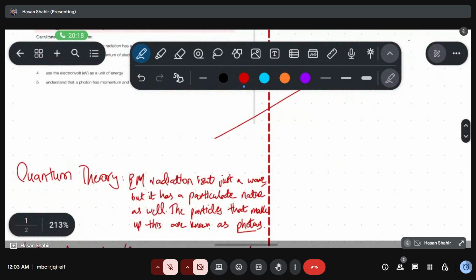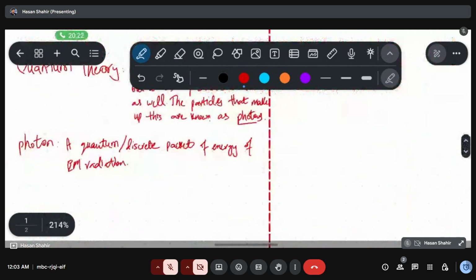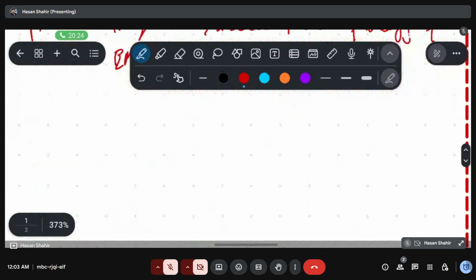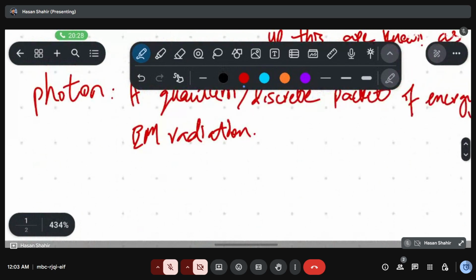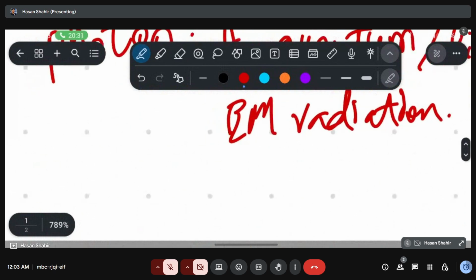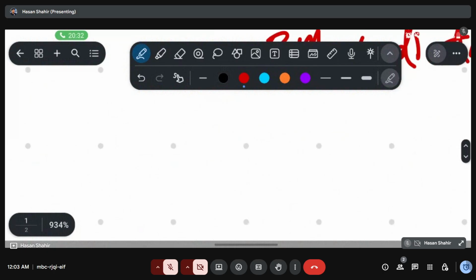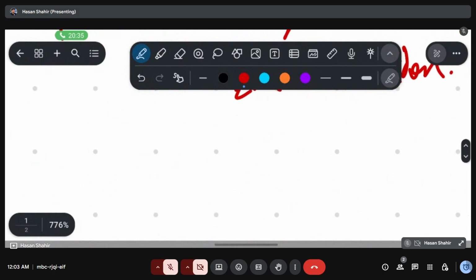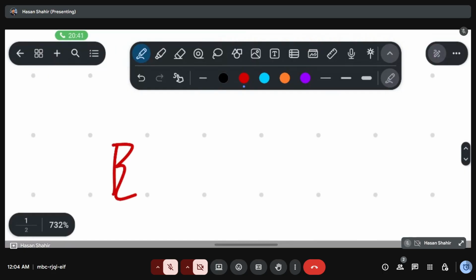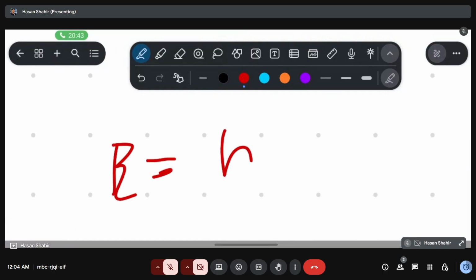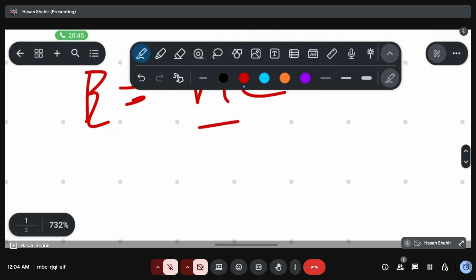Now let's move on to what makes a photon, or the formula of a photon. So since we know that a photon is a small packet of energy of electromagnetic radiation, we're going to be focusing on the formula of the energy of a photon. And the formula of an energy of a photon is given by its energy E is equal to hc divided by lambda.